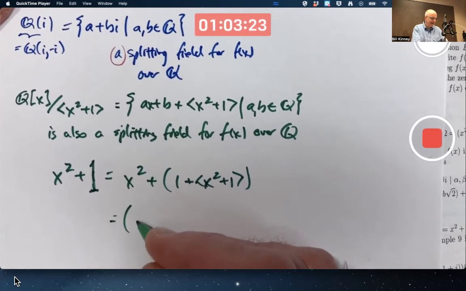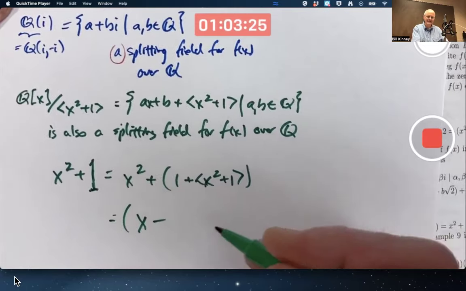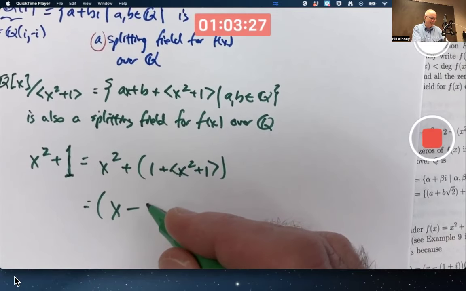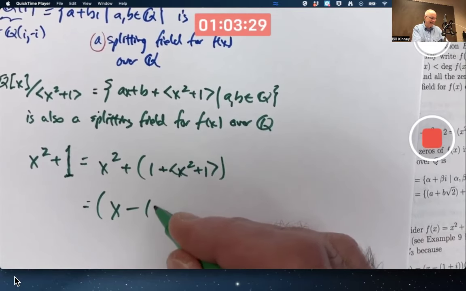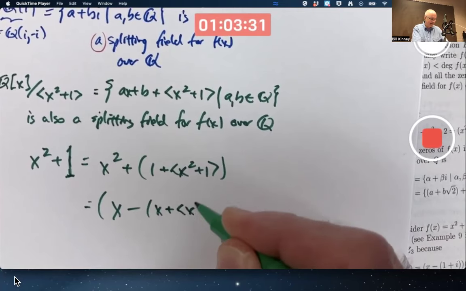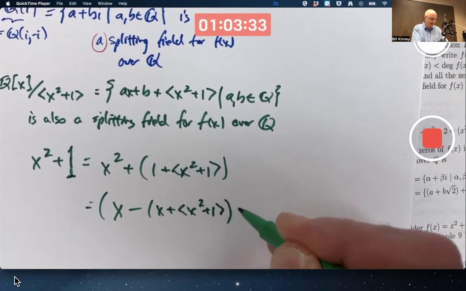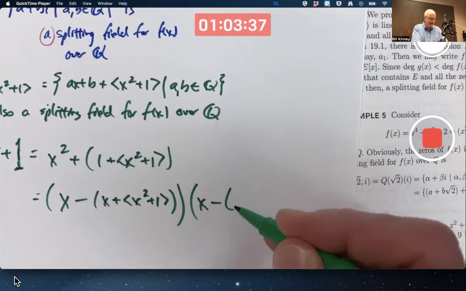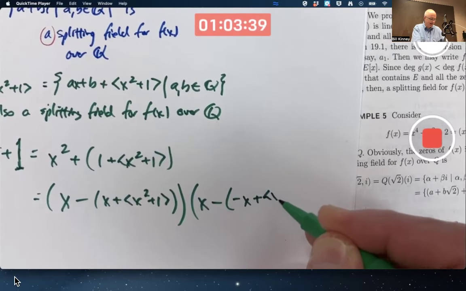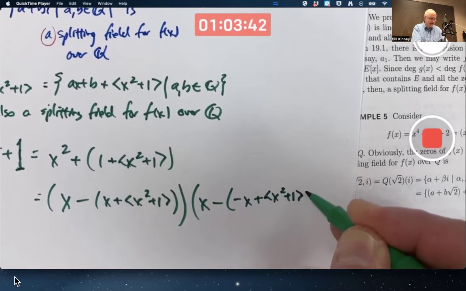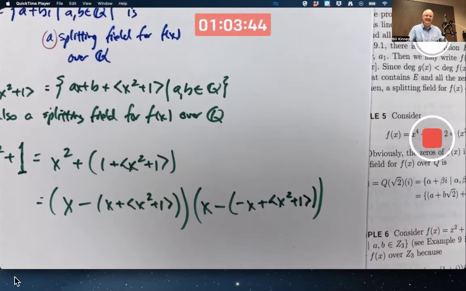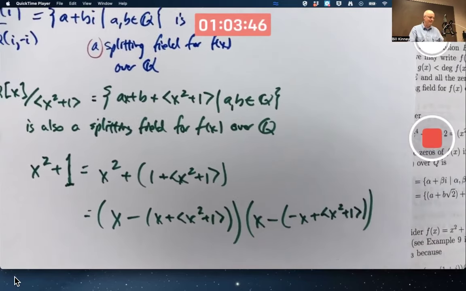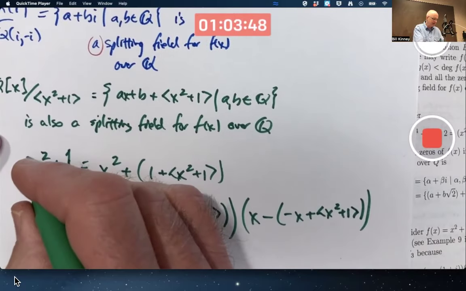This factors as x minus, this is confusing as well, this coset times x minus this coset. And I'm using the x's in different ways. Maybe I should use a capital X here.